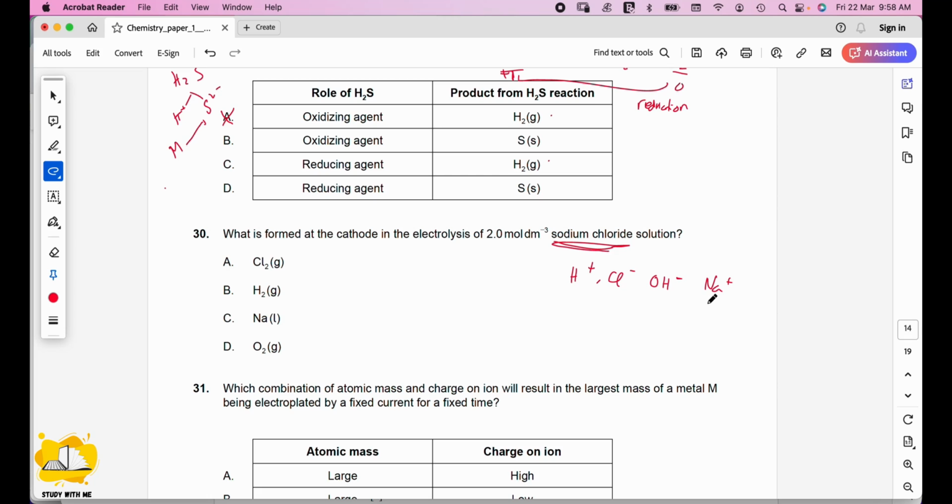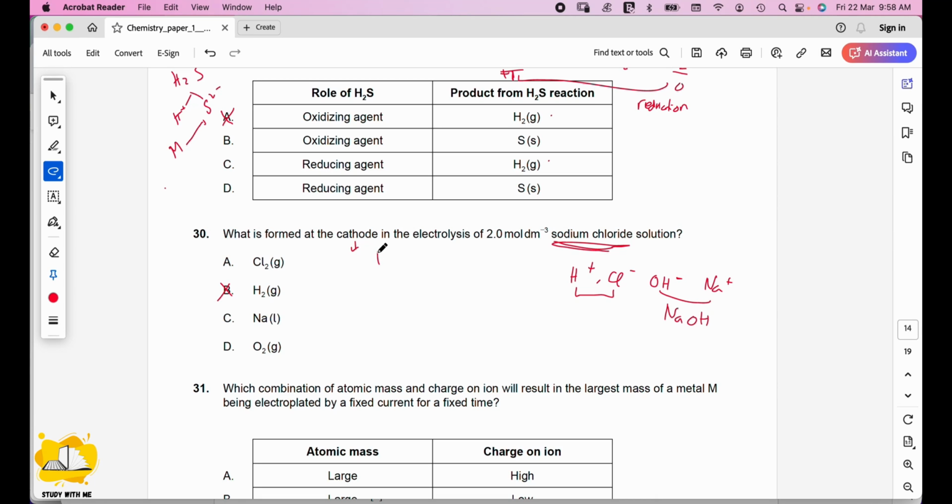Na plus and OH minus will remain in the solution forming NaOH. So now we have these two, H plus and Cl minus. So the answer will be hydrogen at the cathode.